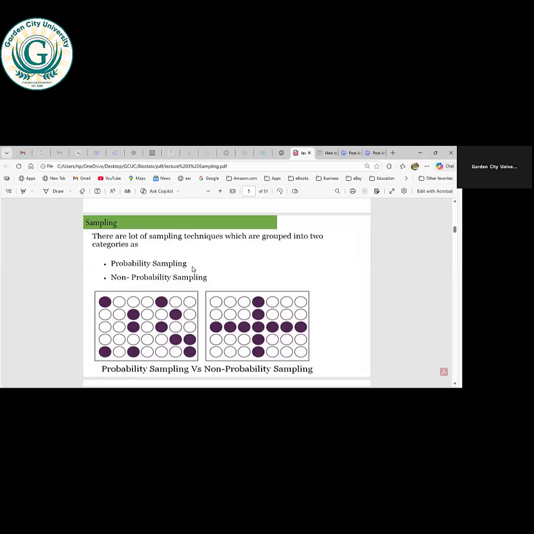And so if we are to select some individuals to be part of a sample, and you go by non-probability sampling, then it means that there is some bias because something or anything may influence the selection of your sample.